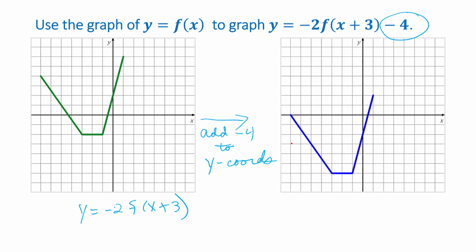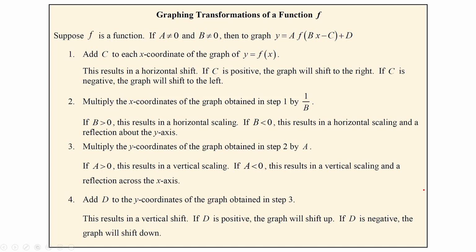And our new graph will look like so. For example, we took the point (1, 6). We subtracted 4 from the 6 to give us the point (1, 2). And now we finally have the graph y equals -2f(x) + 3 - 4. Okay, moving on.